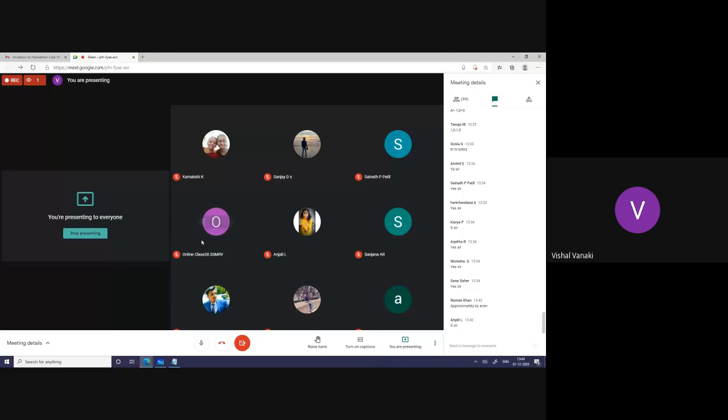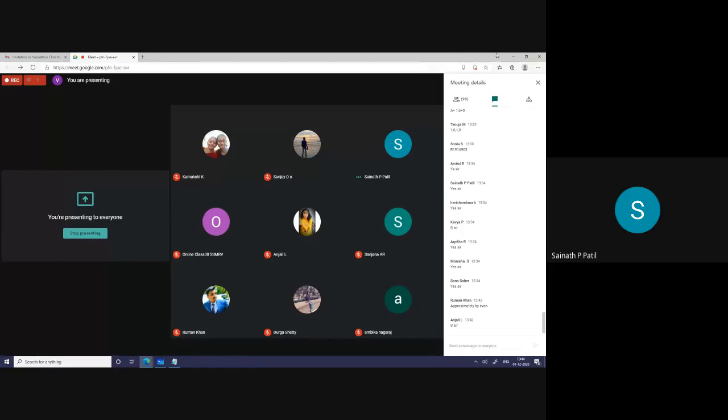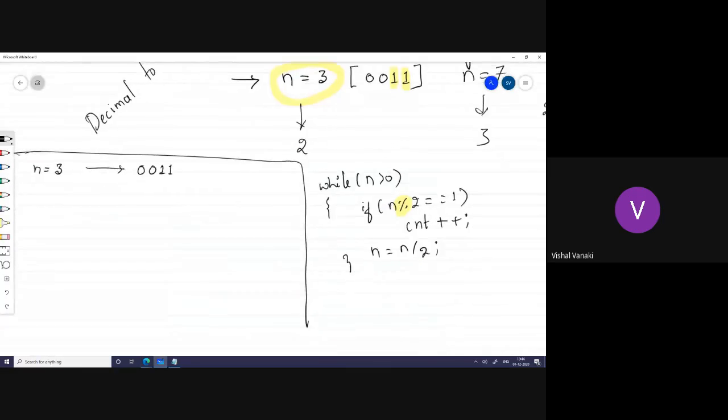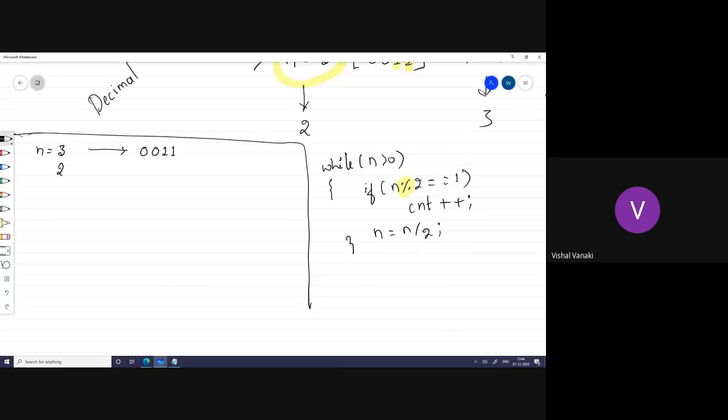Before 3, what comes? 2. So the previous number of 3 is 2, right? So the binary of 2 is 0010. Before starting, you can see how many set bits are there in the given input. 2 set bits are there.